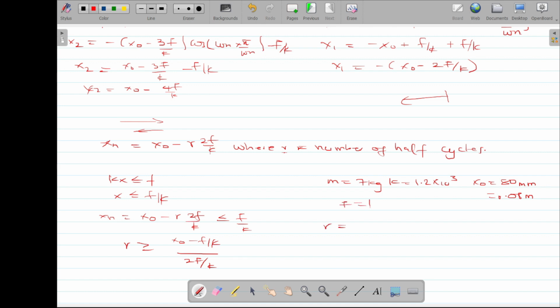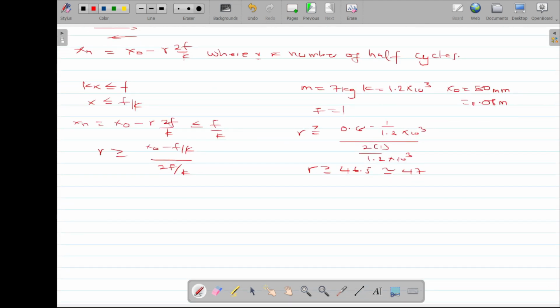So here r is greater than or equal to 0.08 minus 1 on 1.2 times 10 power 3 all on 2 times 1 all over 1.2 times 10 power 3. So from here we can see r is greater or equal to 46.5, approximately 47. So from here we know that for 47 half cycles the system will stop.